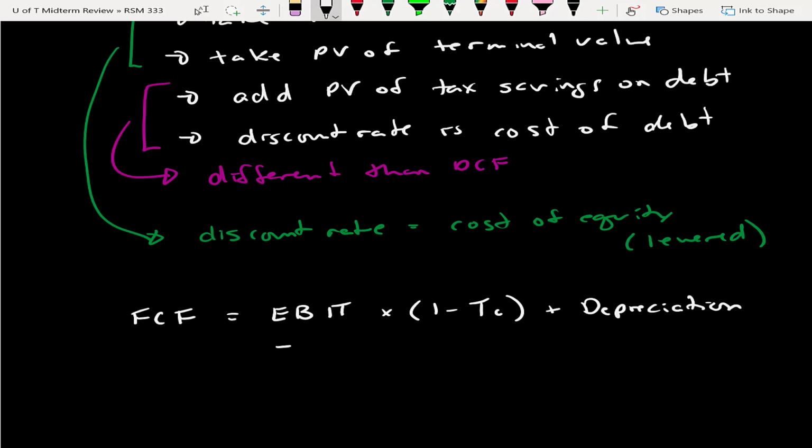And then you're going to subtract the change in working capital. And from that, you will also minus the capital expenditures that you have. So you can't just take net income on its own because that's not cash flow. You have to make some adjustments, adjust for non-cash items and take off taxes, and that's your free cash flow.